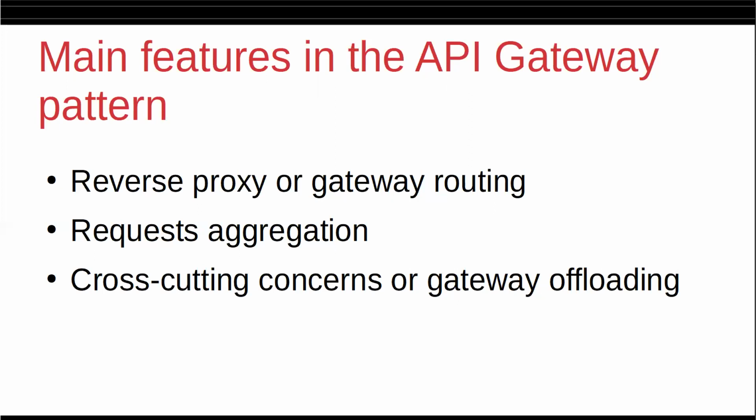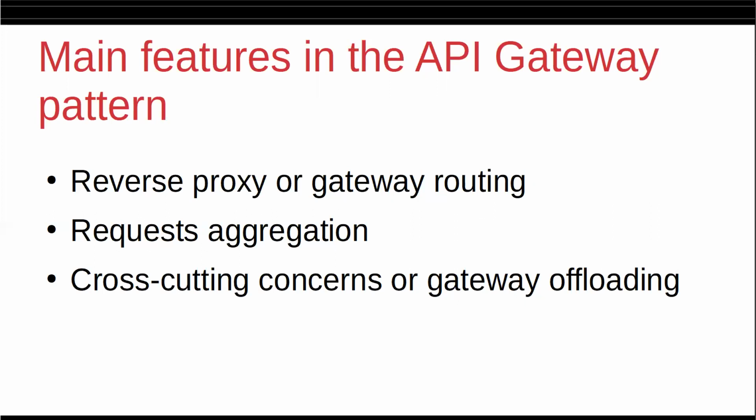Request aggregation. As part of the gateway pattern, you can aggregate multiple client requests targeting multiple internal microservices into a single client request. This pattern is especially convenient when a client page needs information from several microservices.